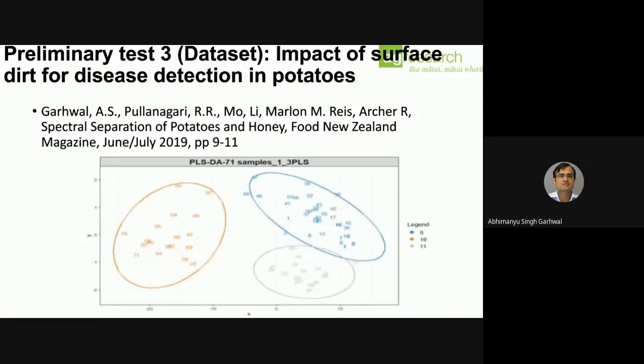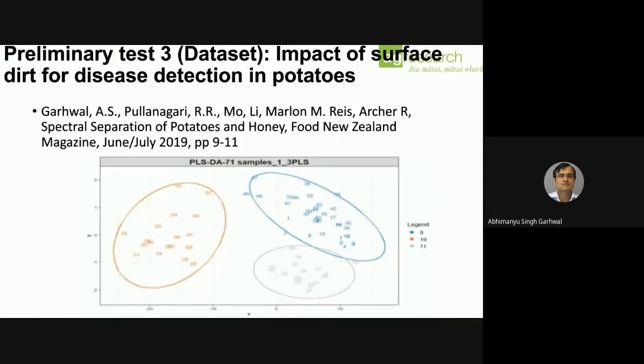The last test we did was to identify that normally when we harvest the potato, they are dirty. So can we scan the dirty potatoes or the washed potatoes? We conducted another trial test where we captured hyperspectral images of the dirty potatoes and hyperspectral images of the washed potatoes.